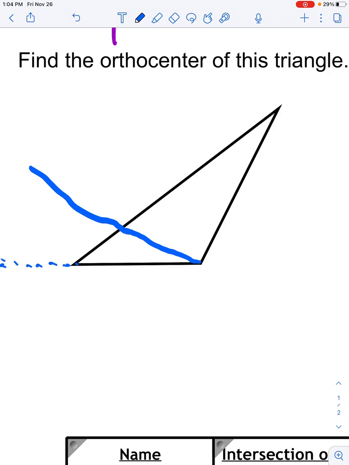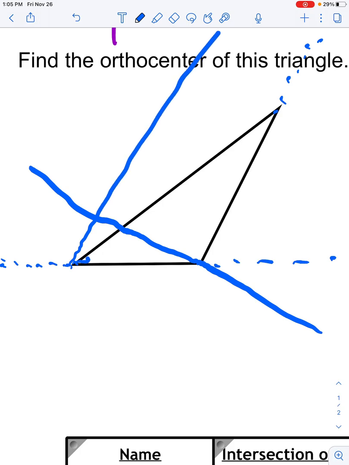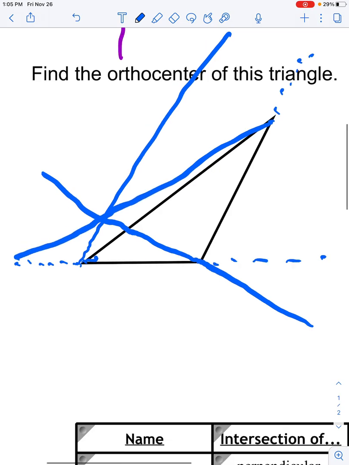Now you have to pretend this line extends out here, and it extends out here. To find this one, I'm going to have to go quite a ways, all the way out here to reach it. And the same idea for this one. I'm going to have to go all the way down here.